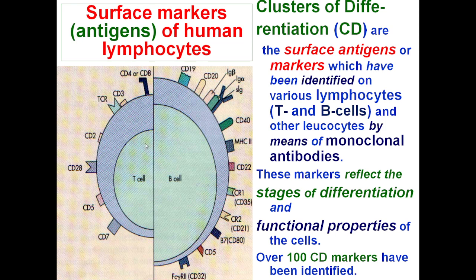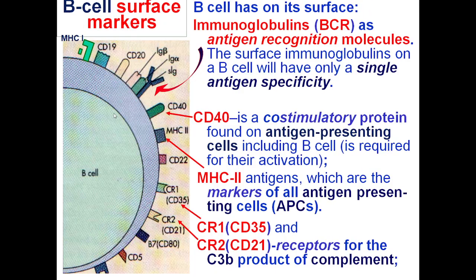Of course, all nucleated cells have MHC1 receptors on the surface. And because T and B cells are nucleated, MHC1 receptors must occur on the surface of these cells.